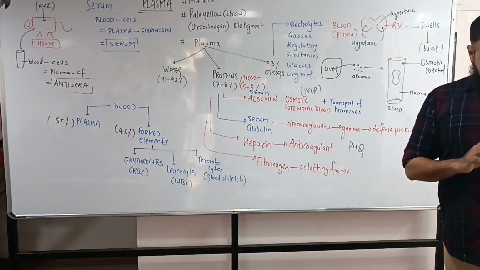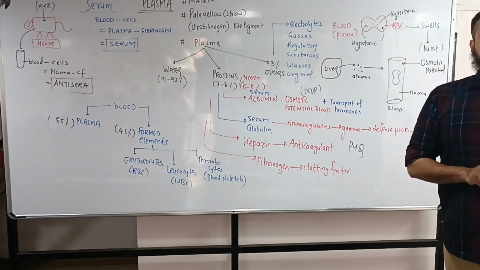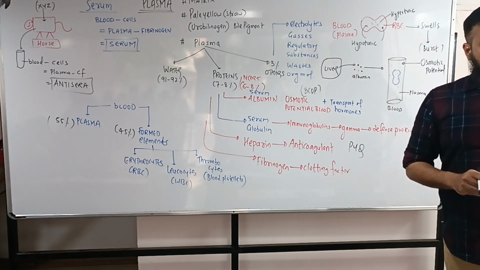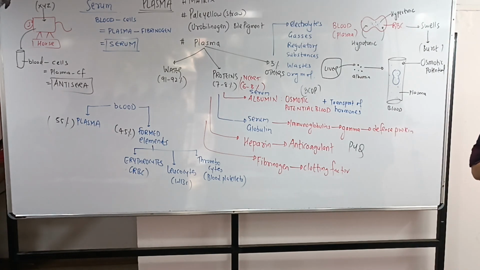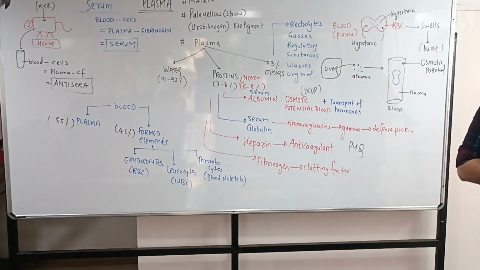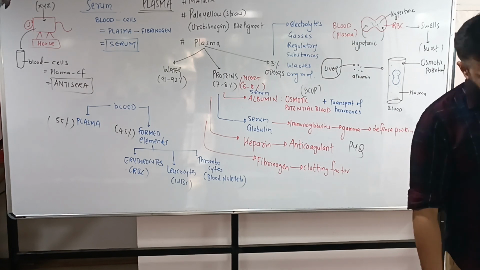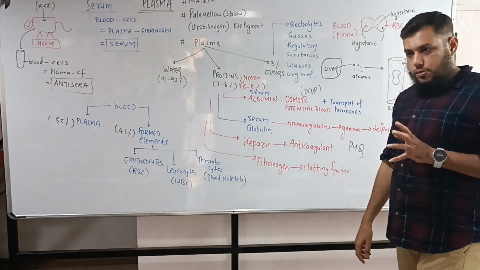Pawar. Hemopoiesis. What is the hormone that was responsible for hemopoiesis? Sit down, both of you. Renal erythropoietic factor. Renal erythropoietic factor is responsible for hemopoiesis.